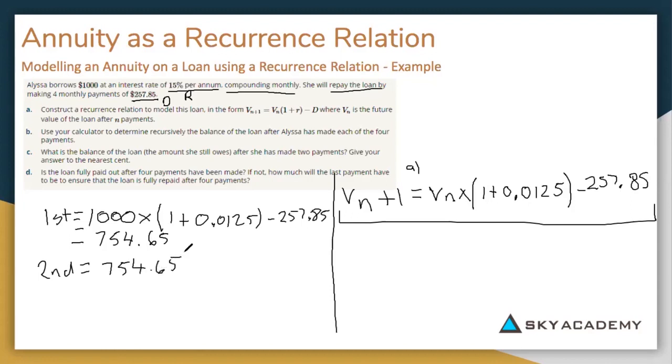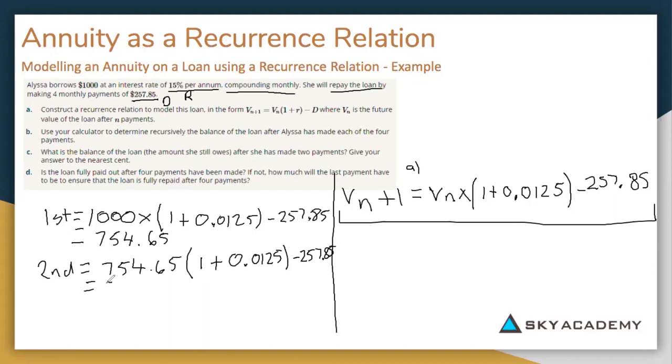So when we're doing our second year, instead of using 1,000, we have to use 754.65 because that is our new value. After the annuity has been added to the 1,000 and we've made our repayment, our new value was 754.65. So that's what we're going to use. And we do the same as for the first year in the second year, except we use the different value.